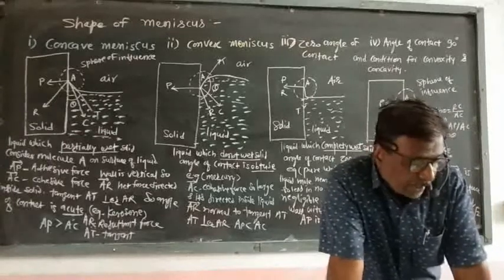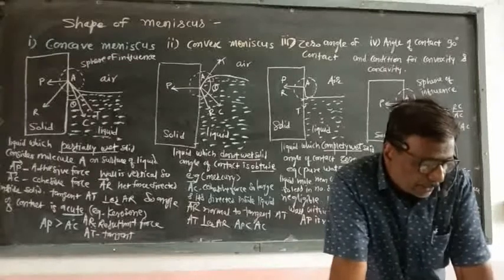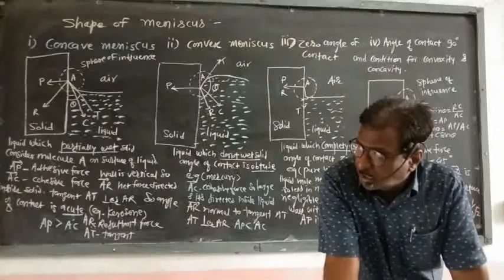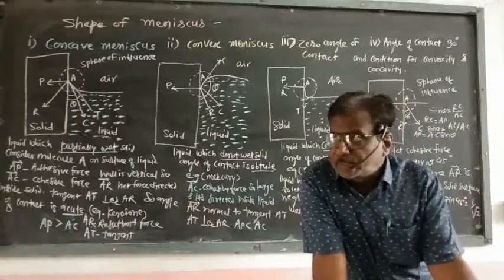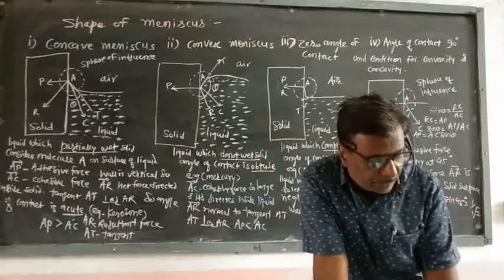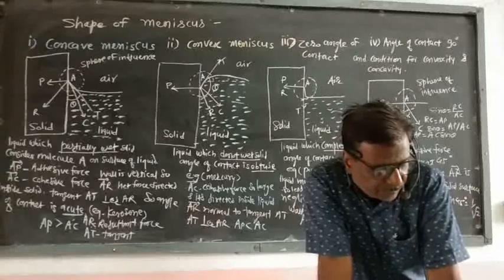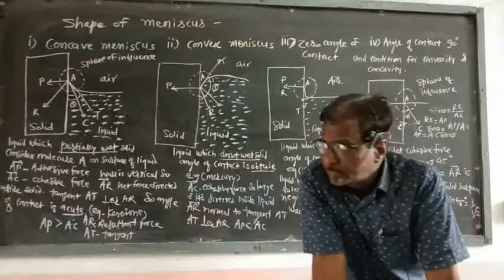Explain why the free surface of some liquid in contact with a solid is not horizontal. Or sometimes they may ask another type of question: explain the formation of concave and convex surface of liquid on the basis of molecular theory.